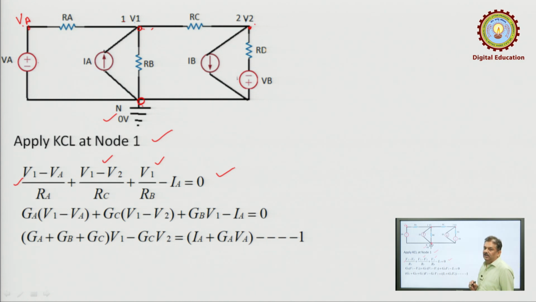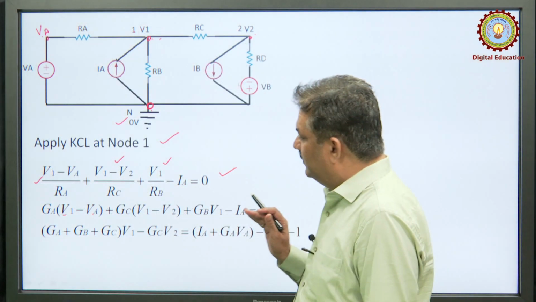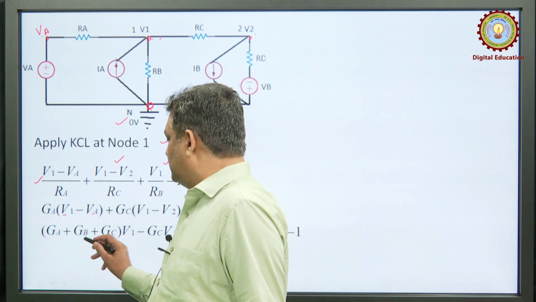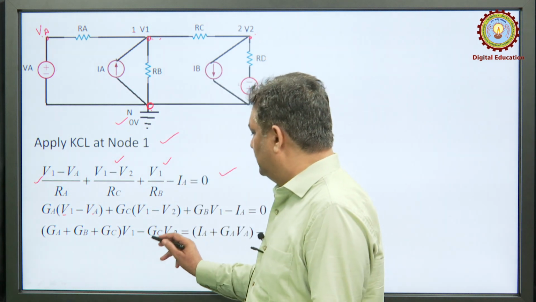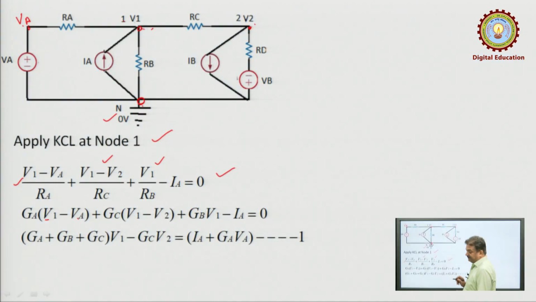Now, we know the reciprocal of resistance is conductance, so 1 upon RA is GA. So GA(V1 minus VA) plus GC(V1 minus V2) plus GB V1 minus IA equals 0. Now we combine the coefficients of V1 and V2 and transfer the constant terms to the right-hand side. We get (GA plus GB plus GC) V1 minus GC V2 equals IA plus GA VA. This will be equation 1.